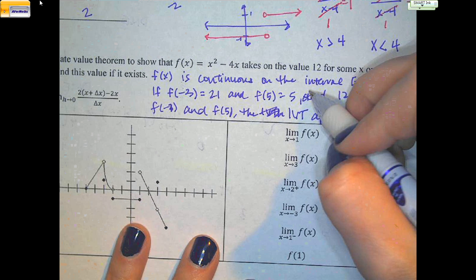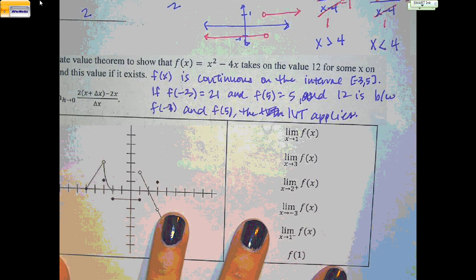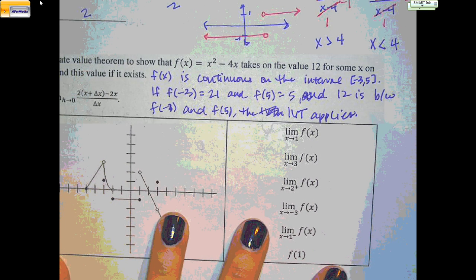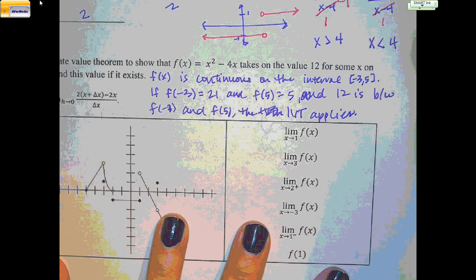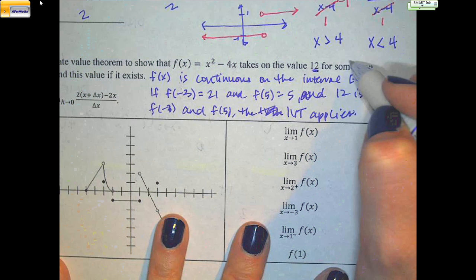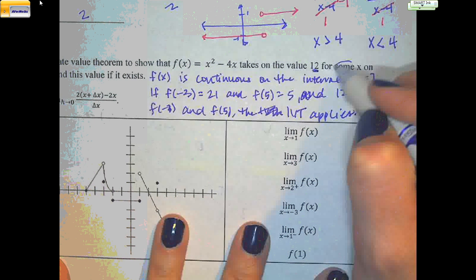Okay. Last piece, finding the value if it exists. A value what? Is it asking for an x, a y, a k, a puppy? What's it asking for? Asking for an x because it says that the value is 12 for some x. They want you to find the x.